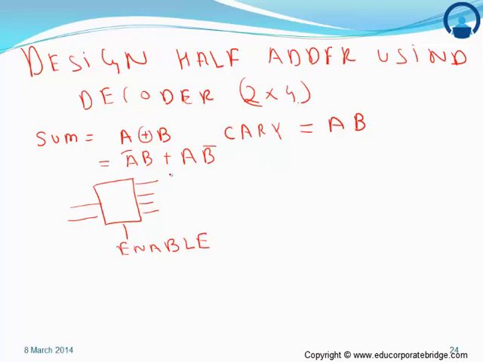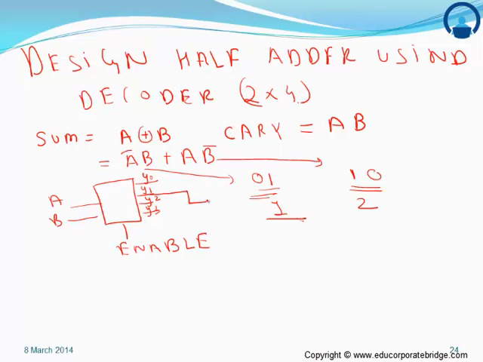Okay, so we can write for this A bar is 0, B is 1, and for this A is 1, B bar is 0. That is, the decimal equivalent for this will be 1 and this will be 2. So the inputs are AB, the outputs will be Y0, Y1, Y2, Y3. For this equation A bar B plus AB bar, this is 1, that is Y1 will be selected.